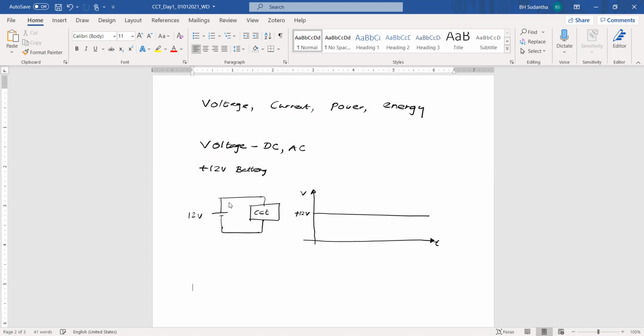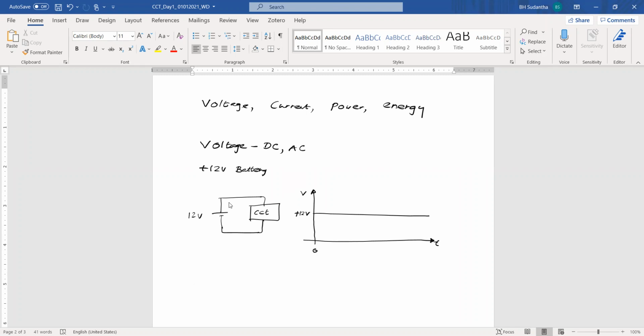This constant voltage at time zero, and after a certain time also, you can see the 12 volts value continuously, the battery is providing that. Okay.